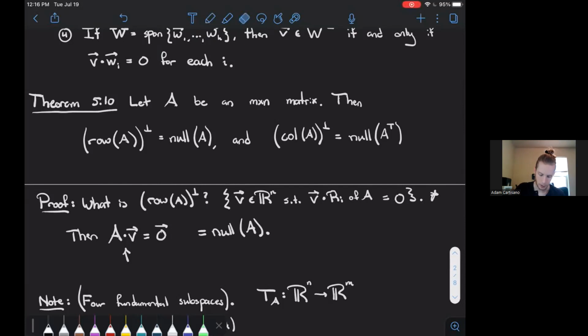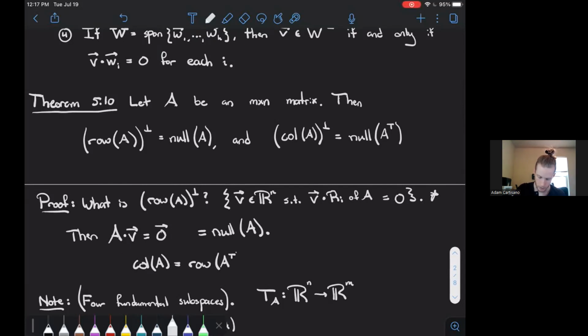To show the second part, okay, now we have to state it carefully. The column space of A is exactly the row space of A transpose.